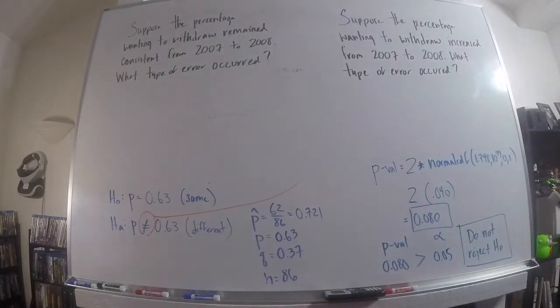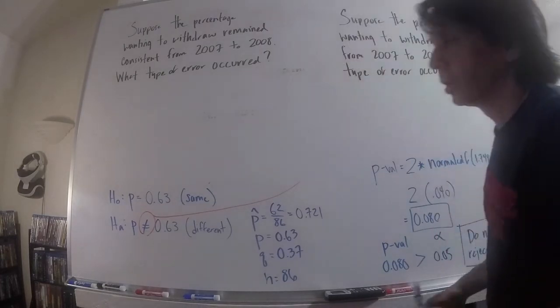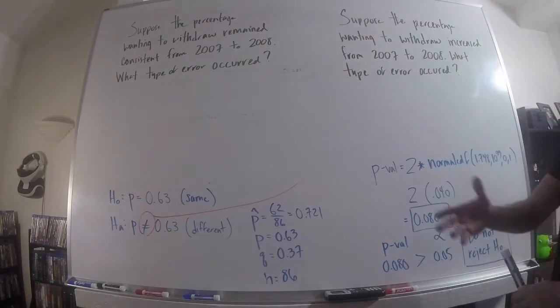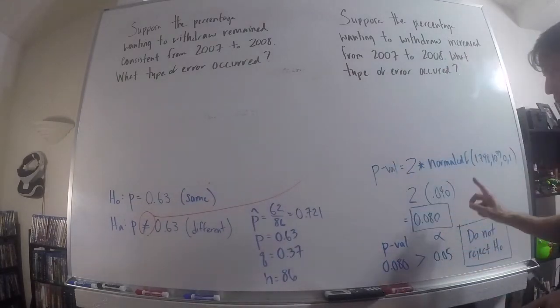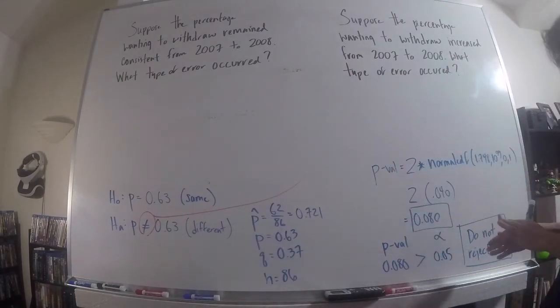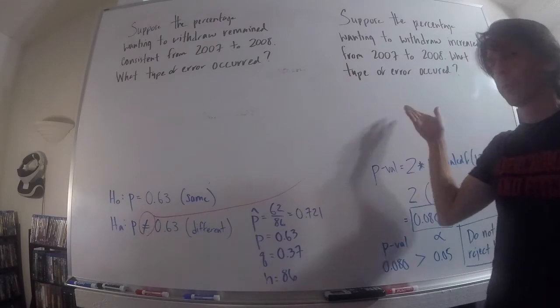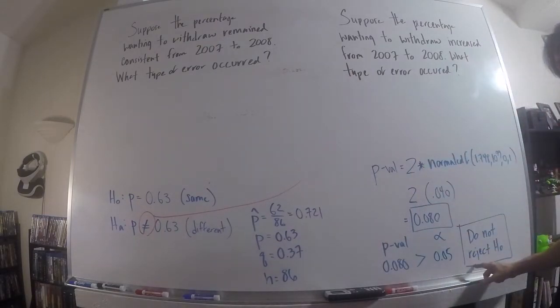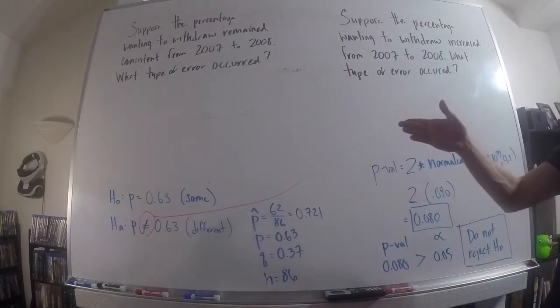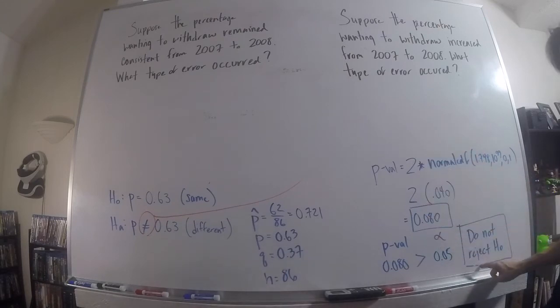All right, so once again, to determine what type of error, it's a matter of determining what these hypotheticals are saying and noting our decision. Our decision's done, it's final, we did not reject. So for both of these, we're going to be basing it on our actual decision of not rejecting. Now in one of these situations, we made an error because it was a wrong conclusion, and in the other one, it's a correct decision.